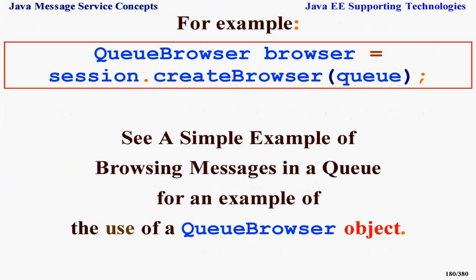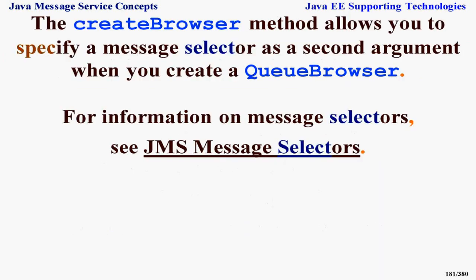For example, QueueBrowser browser = session.createBrowser(queue). See A Simple Example of Browsing Messages in a Queue for an example of the use of a queue browser object. The createBrowser method allows you to specify a message selector as a second argument when you create a queue browser. For information on message selectors, see JMS Message Selectors.